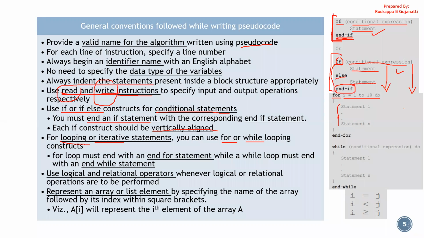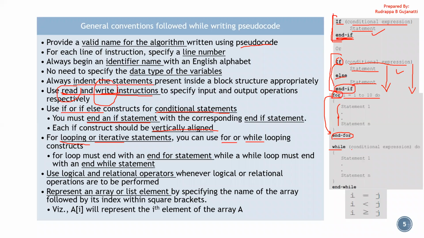Based on what conditions, even that you can put forth over there. This is just a simple example. And whenever you are using a for construct, you have to use an end for to identify that the for loop has ended. You have to use this indicator for indicating the end of the for loop.